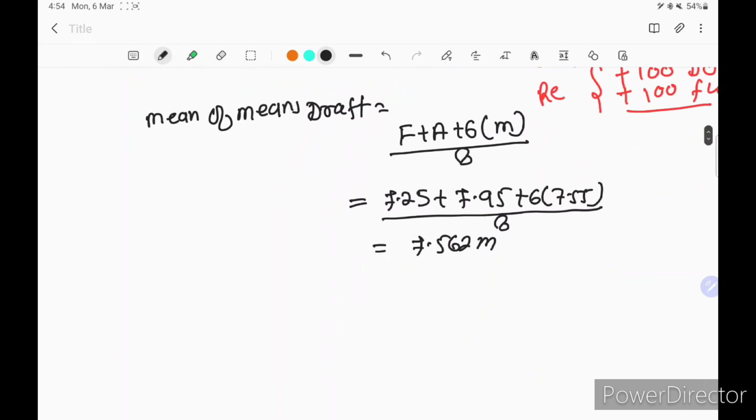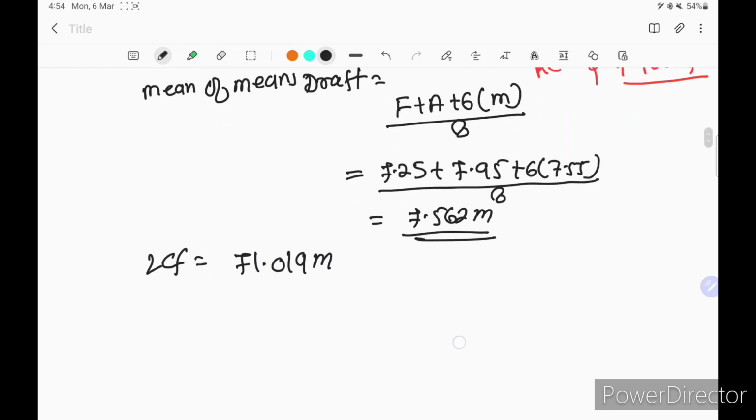Now the second step, we have to calculate the LCF for this mean of means draft. So where do we get the LCF? From the ship's particulars. You know how to interpolate. If you don't know, write to me in the comment box, I will make a video on how to interpolate. So we'll get the LCF value as 0.19 meters.